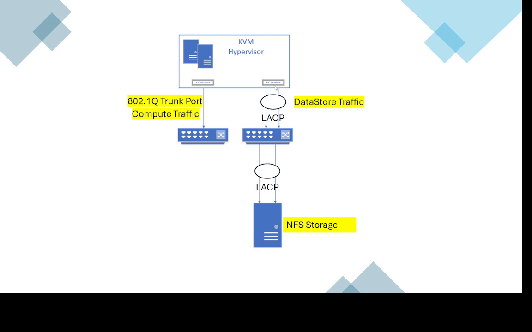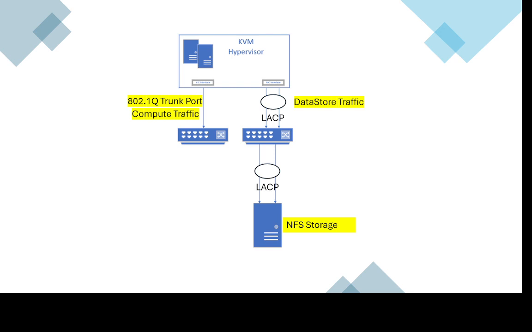You can consider in both of the storage traffic a high-speed connection such as 100 gig or 400 gig or potentially even 800 gig if it exists. So you can take the traffic and basically bond it together to get the desired results of performance. On our compute side, we'll go with a 10 gig interface.